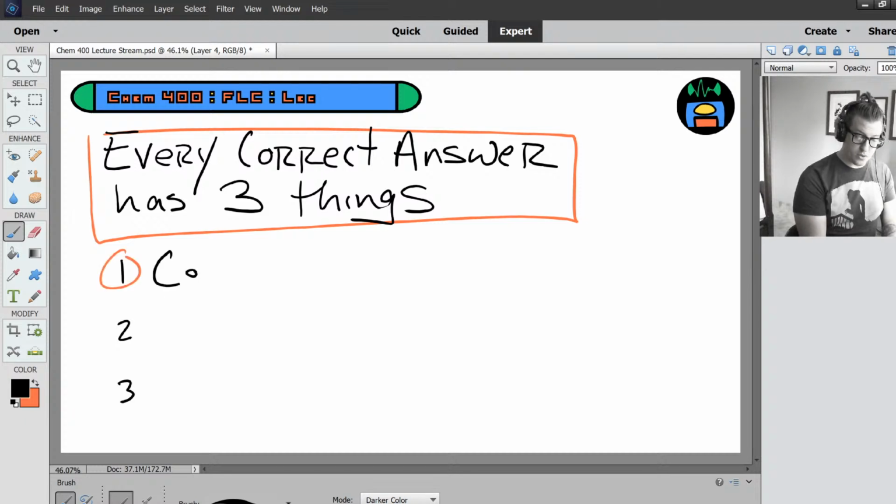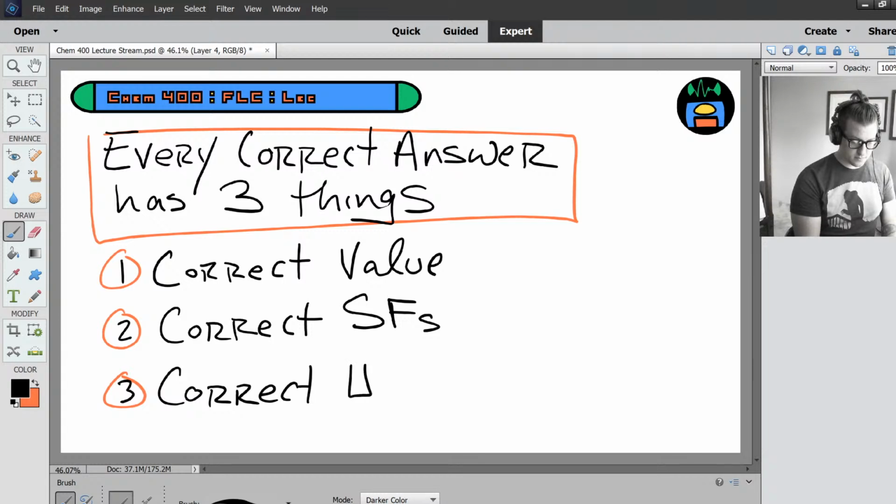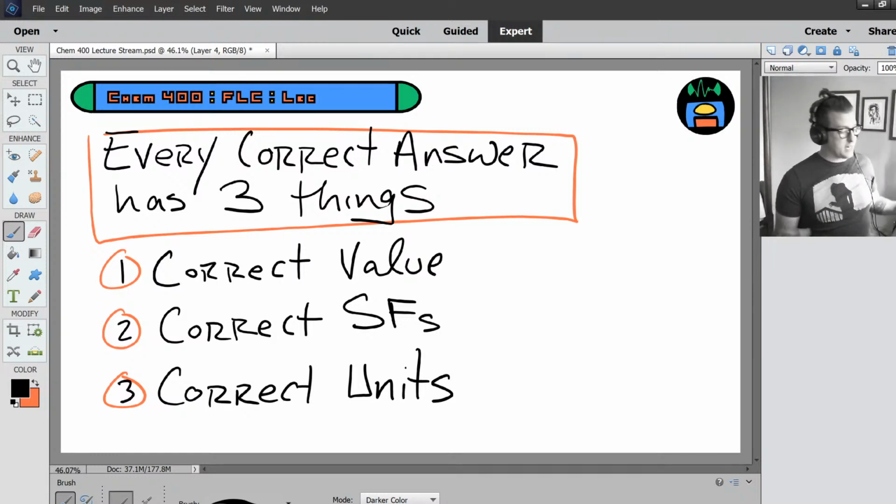It must have the correct value, right? So your number has to be correct. It must have the correct sig figs, the correct number of sig figs. And finally, it must have the correct units. Every correct answer has these three things. Any answer that's missing one or more will be incorrect.